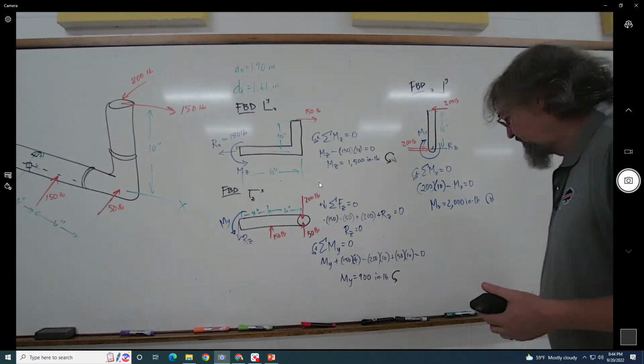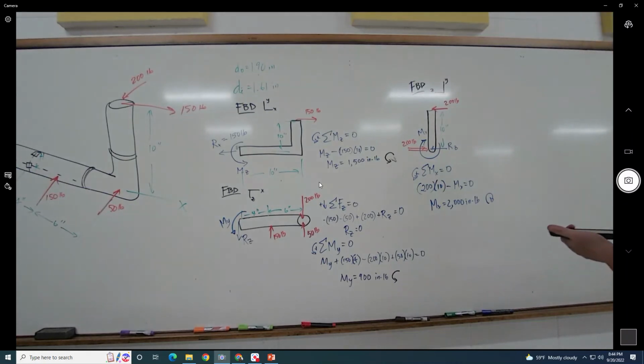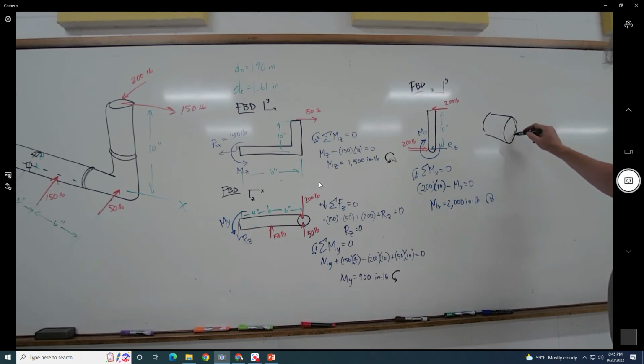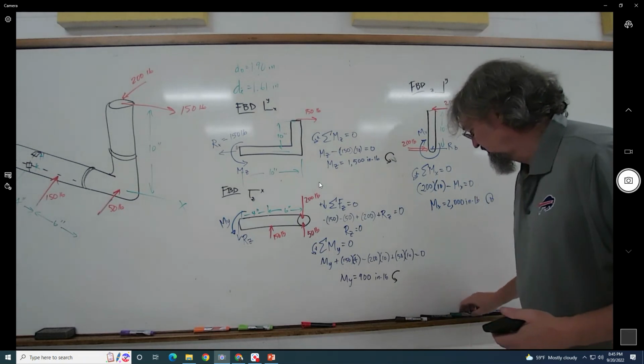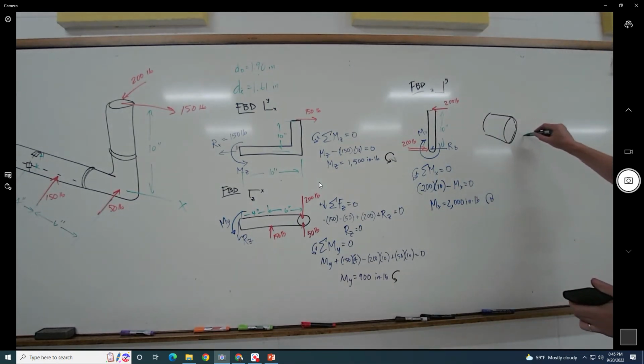Now, if we ask for an equivalent moment diagram right there, let's try to set it up as best I can. I'm not doing a great job right there. Right, so here is where we have cut this thing off right here. And here are axes.